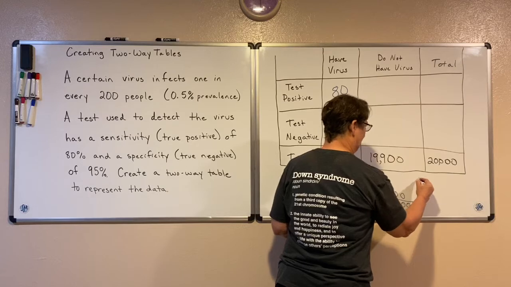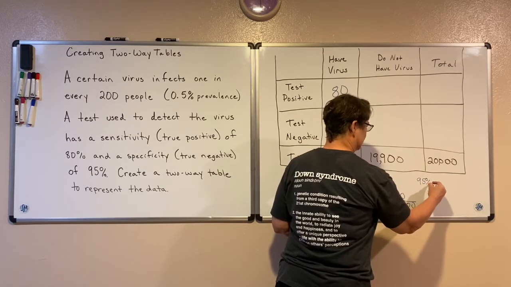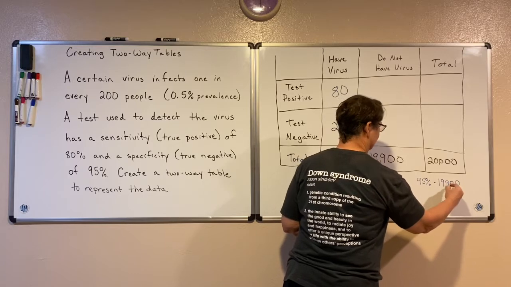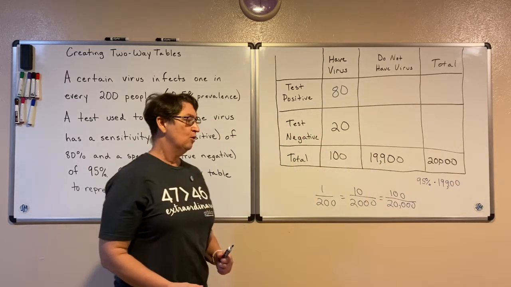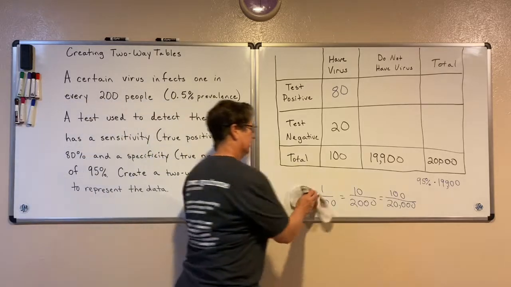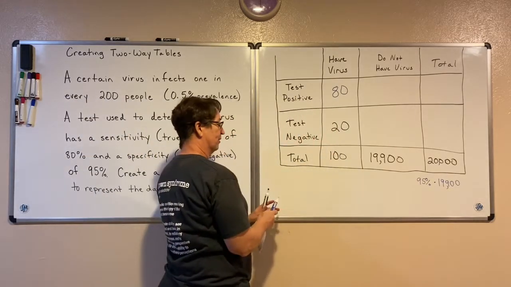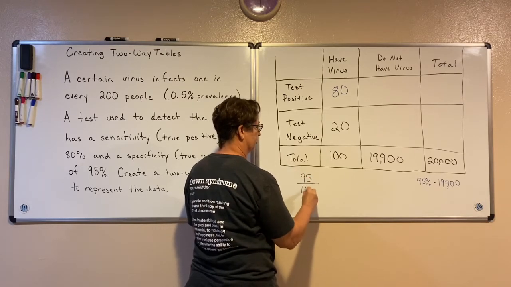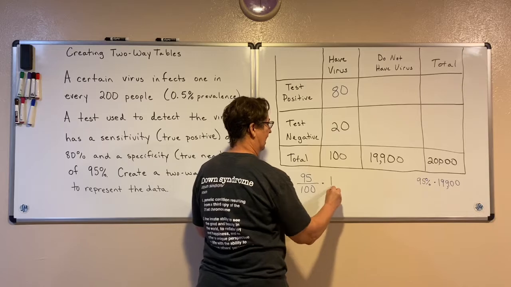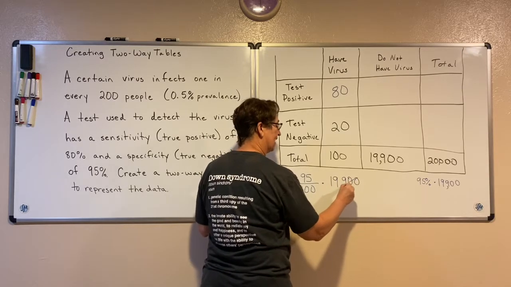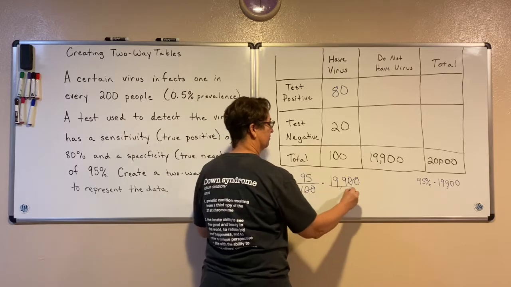So you just do 95% times that 19,900. Let me make it a little bigger here. So remember, if I'm doing percent, I'm going to make it 95 over 100, because that's what percent is, times what? 19,900. I can make these zeros become 1.